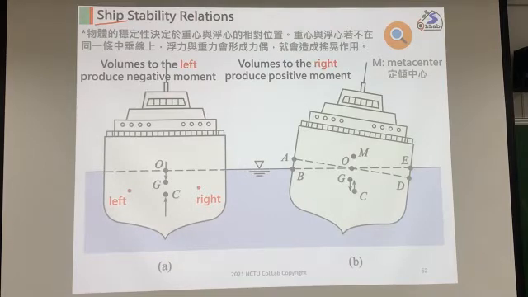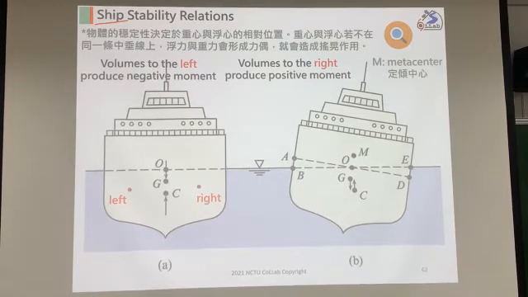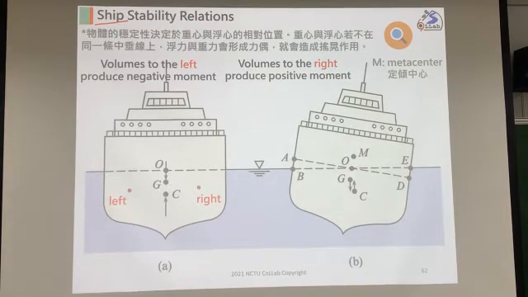The idea is quite simple. The ship here is stable, right? Because it does not rotate. Why is it stable?